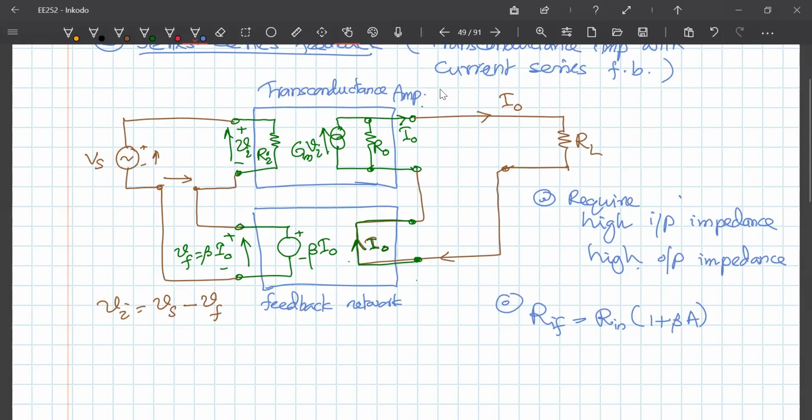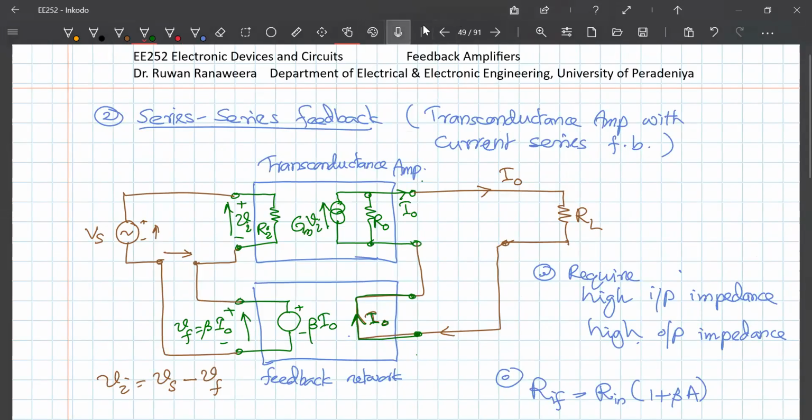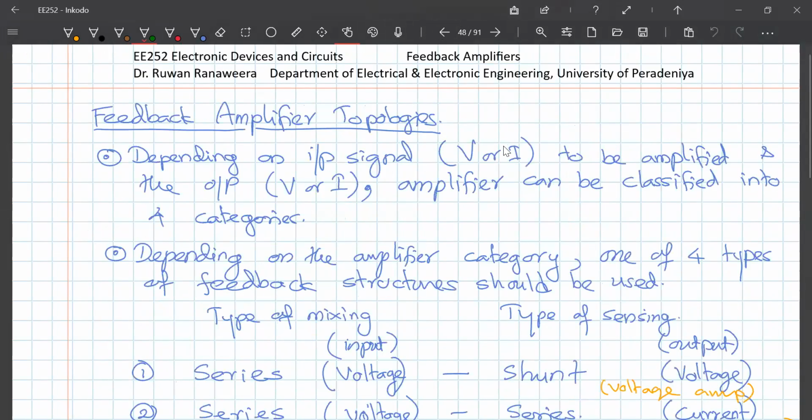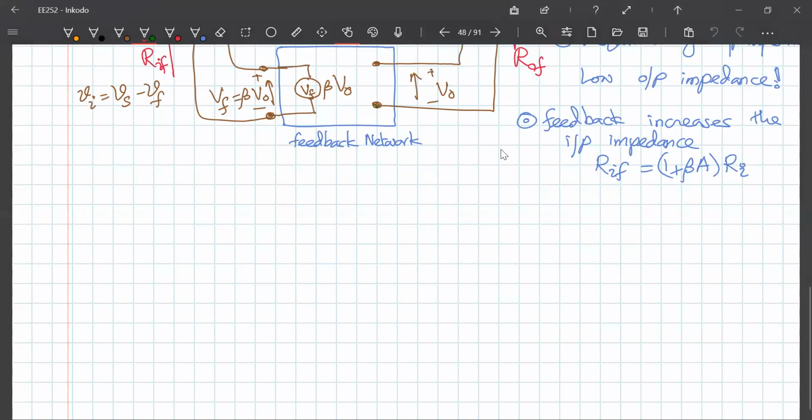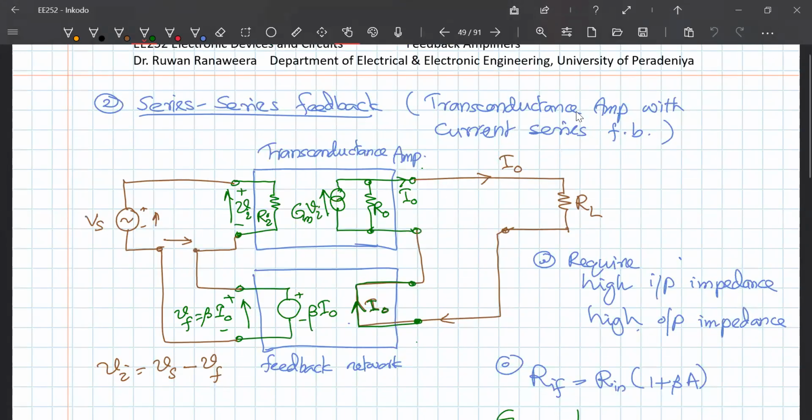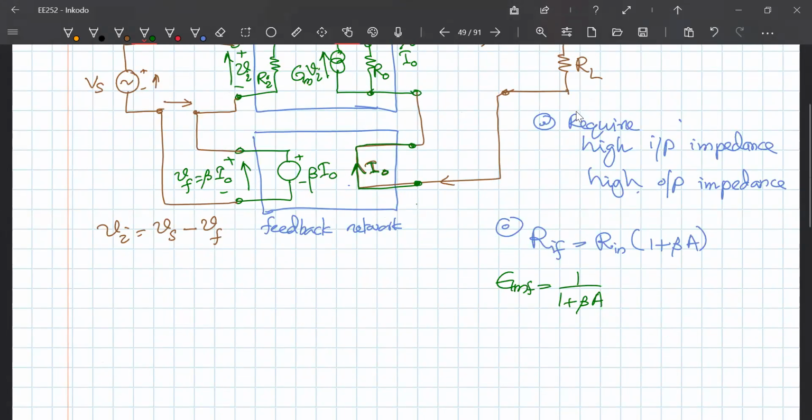We will see that Gm with feedback is equal to Gm divided by 1 plus beta A, and in the previous case, Av with feedback is equal to Av divided by 1 plus beta A. You should be able to prove this. We'll do that later.